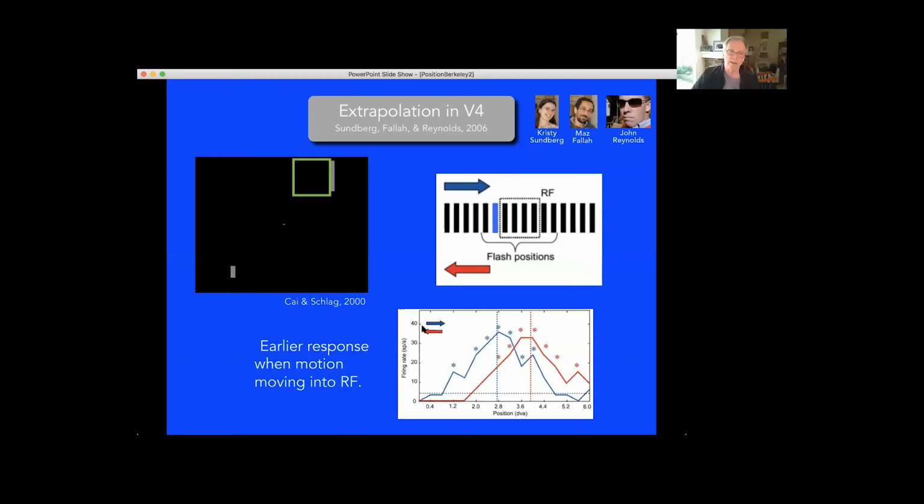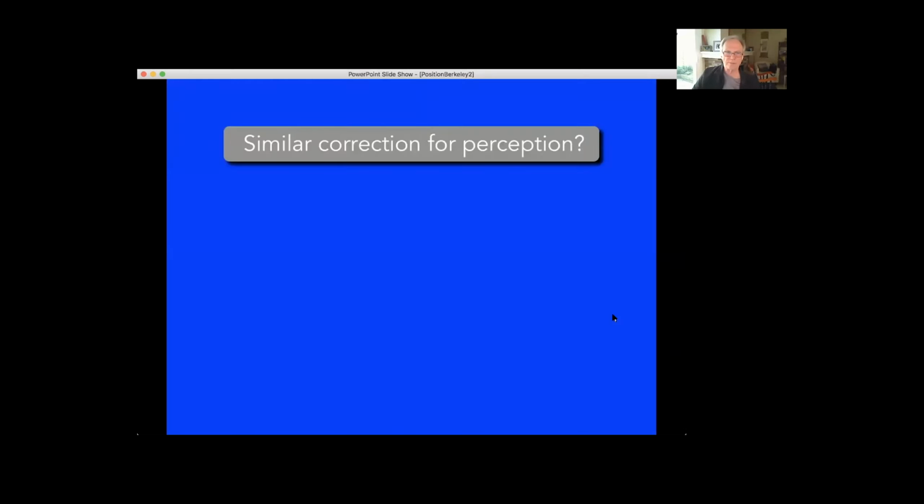And coming back, remember these are not motion selective cells, the red curve again shows an offset favoring a response before you even get to the receptive field. Now this difference corresponded quite well to the perceptual offset seen by human observers, although they didn't test that in the monkeys. So there is some evidence for extrapolation in the response in V4 as well.